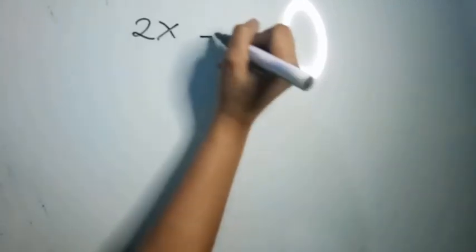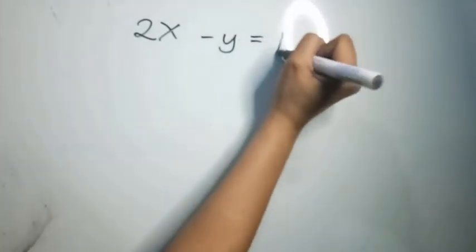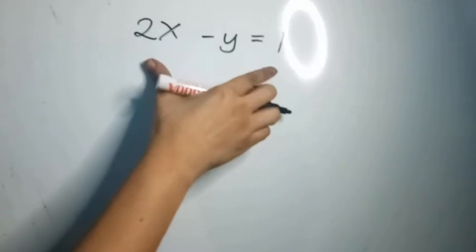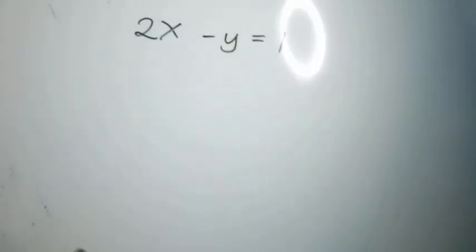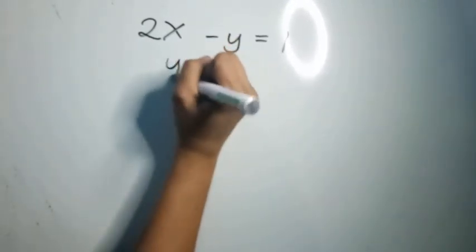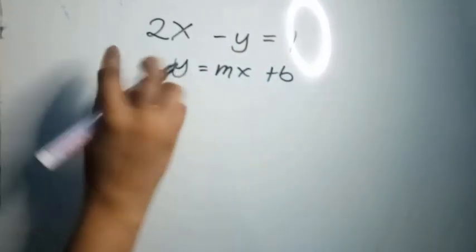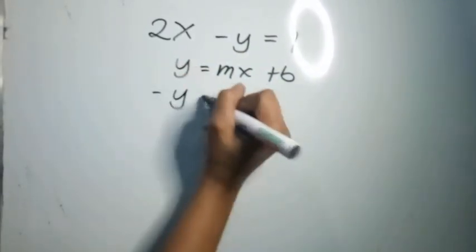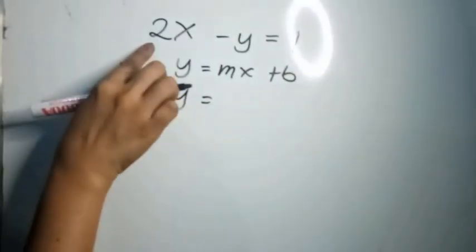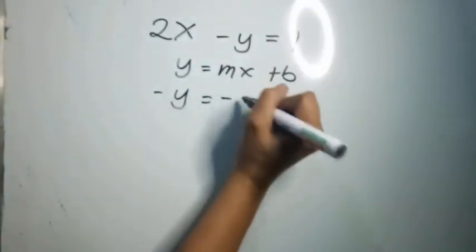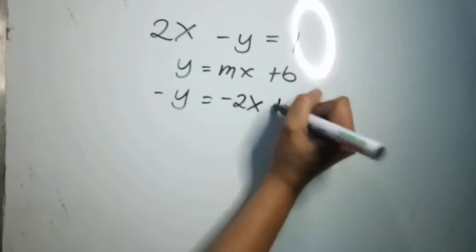So first, we have to graph 2x minus y is equal to 1. First, we write the standard form in slope-intercept form, y is equal to mx plus b. So let us have negative y is equal to, transpose the positive 2x to the right side, negative 2x plus 1.